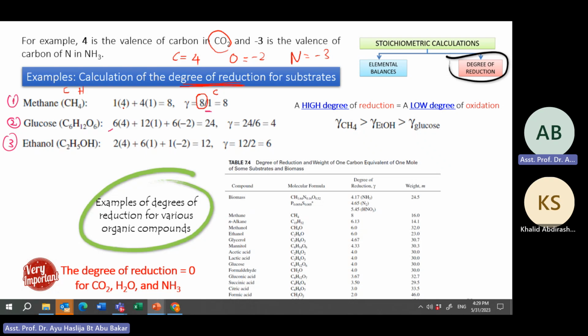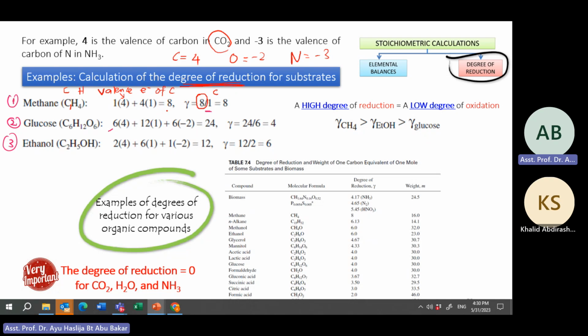Okay, so for methane, it involves C and H. Okay, we find out what is the available electron. So 1 here refers to 1 carbon multiplied by the valence electron of carbon, 4, plus 4 of the hydrogen multiplied by the valence electron of the hydrogen, 1.